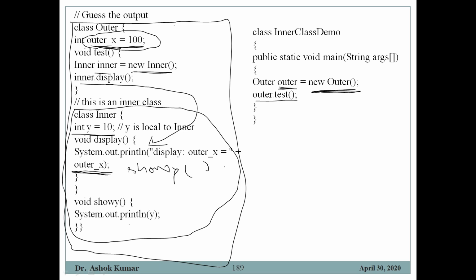So inner class method can access any variable of the inner class and outer class as well, but from the outer class, inner class variables cannot be accessed directly. If you want to access the members of the inner class, you have to create the object of the inner class. This is what we discussed in the previous example also.